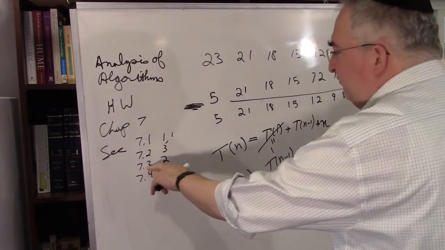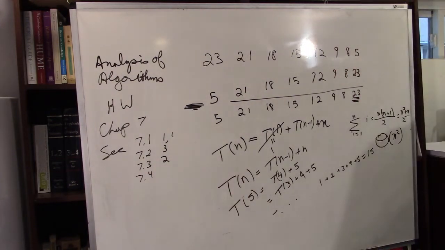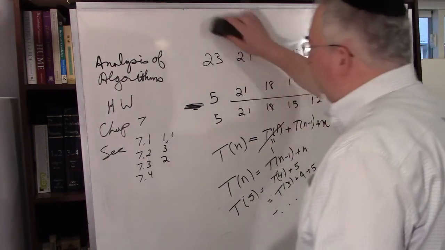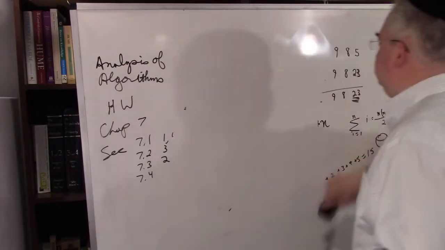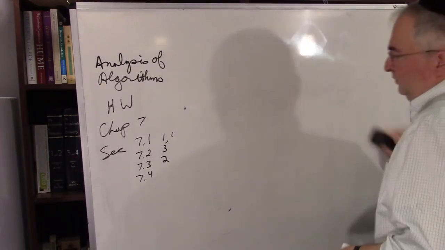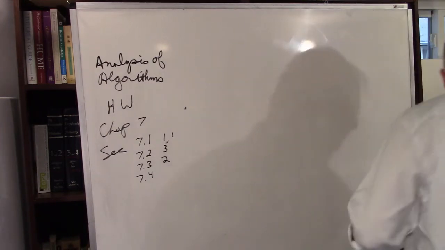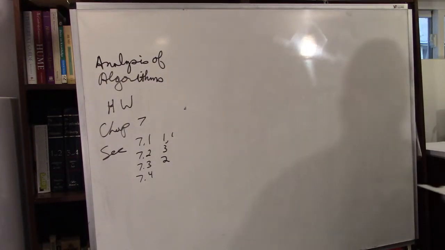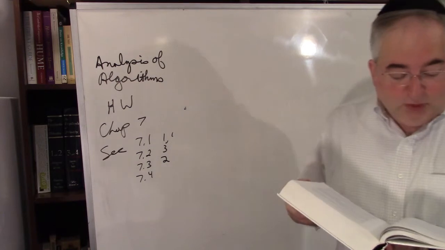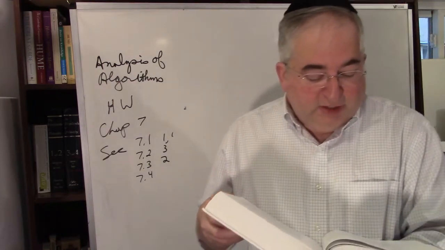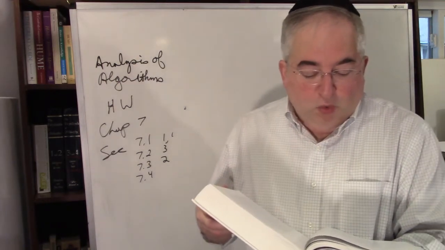Let's go on. 7.3 number 2. Okay, it's the same type of question. When randomized quicksort runs, how many calls are made to the random number generator in the worst case?